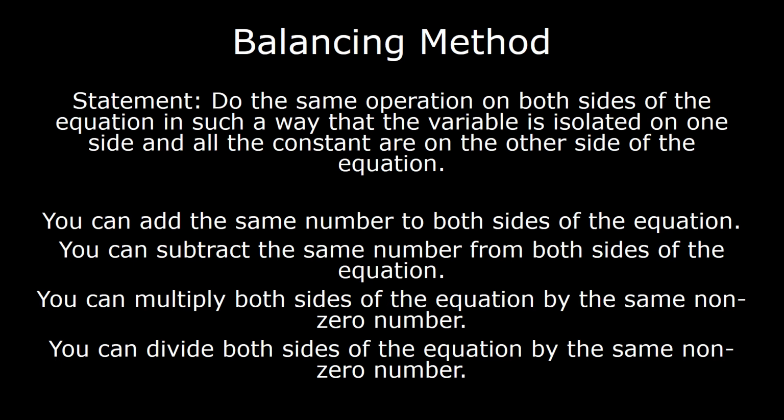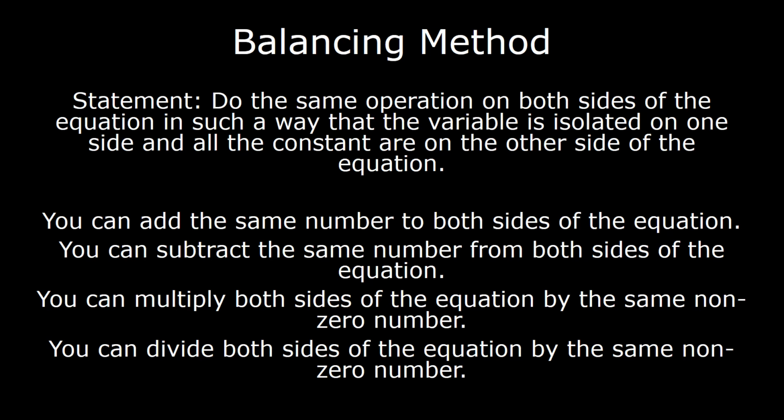But what does it mean to do the same operation on both sides of the equation? Let me state this based on our current knowledge of the 4 arithmetic operations as 4 rules, and let's see if it becomes clear to you why we can do this.